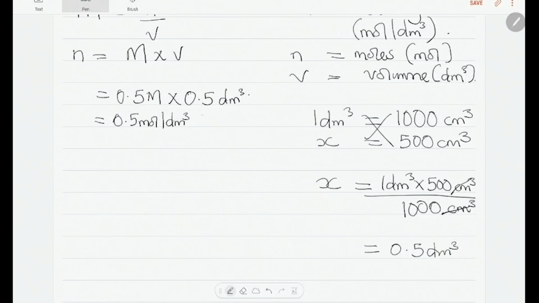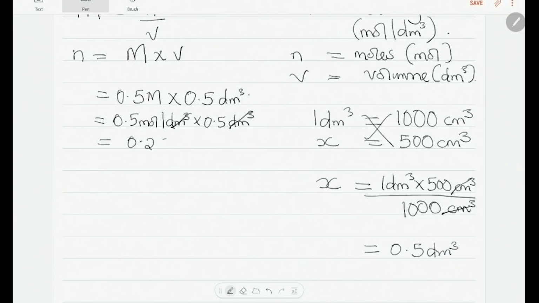Then decimeter cubed and decimeter cubed will cancel. When you multiply 0.5 by 0.5, our answer is going to be 0.25. So 0.25 will be the number of moles. But this is not our final answer.